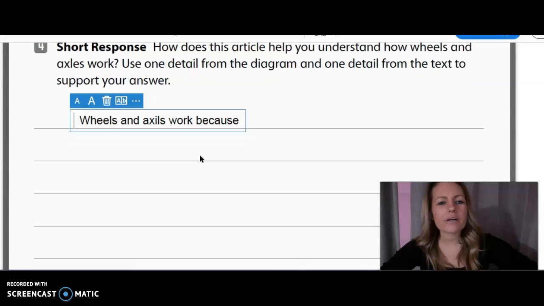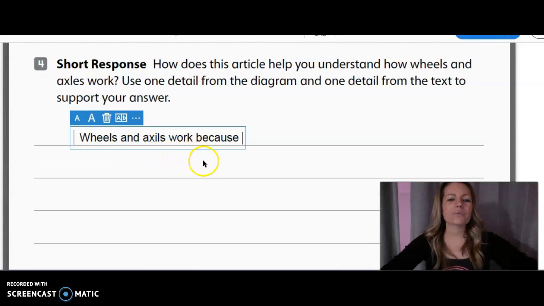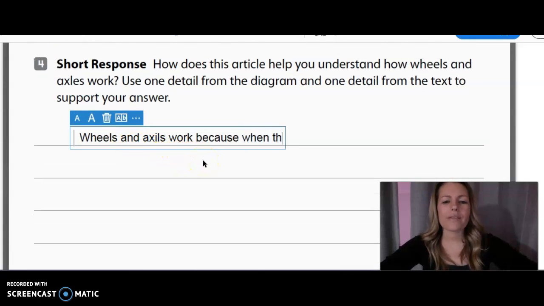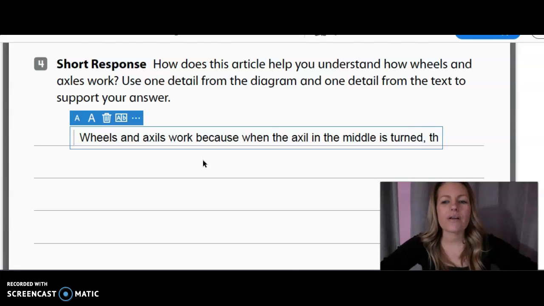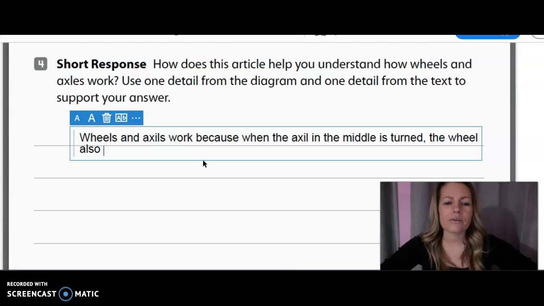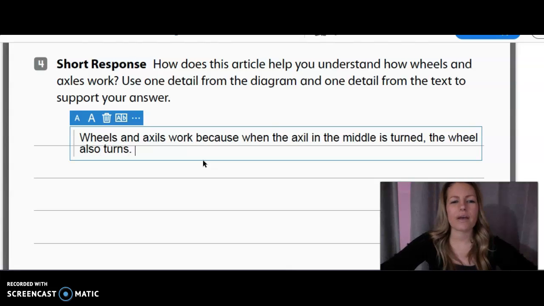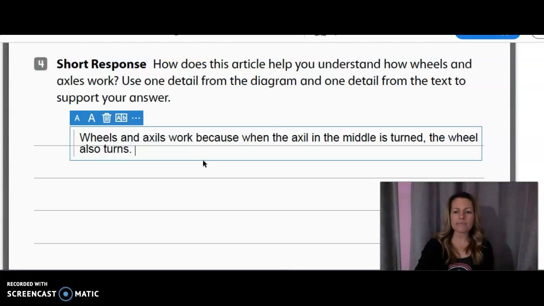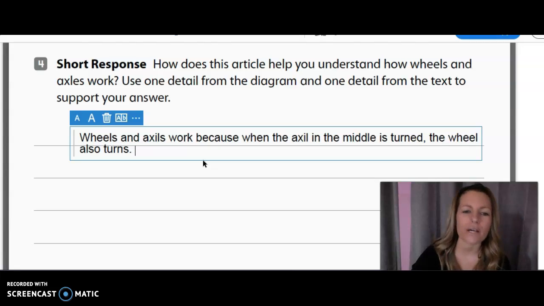So how does it work? The wheel and axles work because when the axle in the middle is turned, the wheel also turns. Okay, that explains how it actually works.